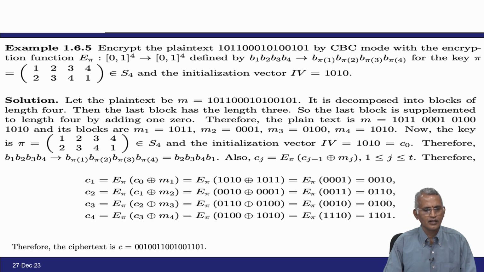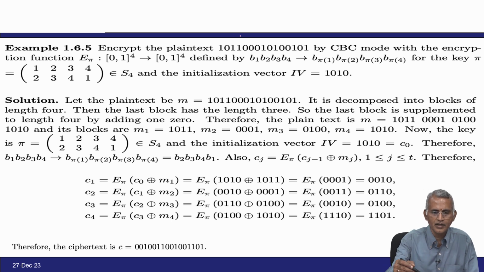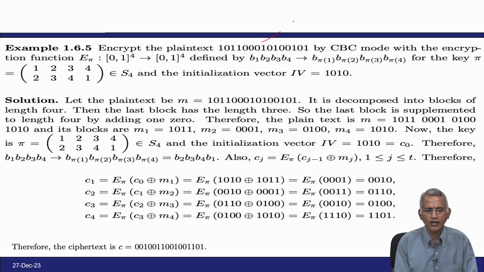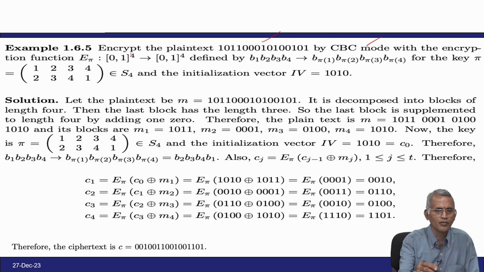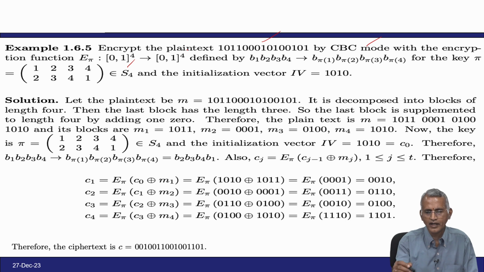Now, the problem states: encrypt the plain text 1011 000 1000 by CBC mode with the encryption function E_pi from the domain {0,1}^4 to the codomain {0,1}^4, defined by B1, B2, B3, B4.